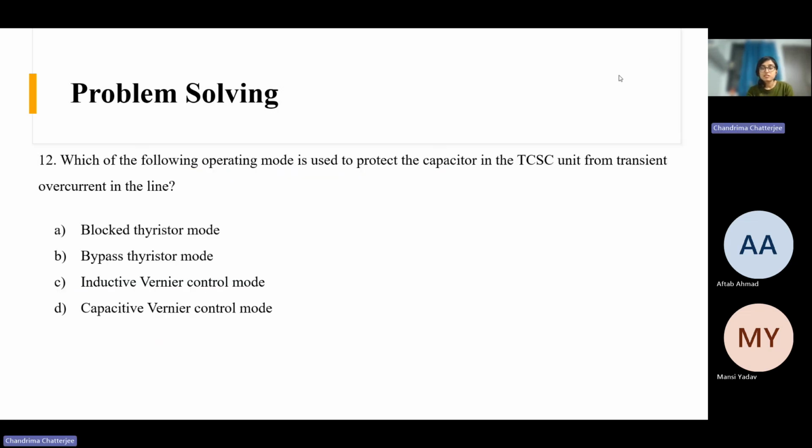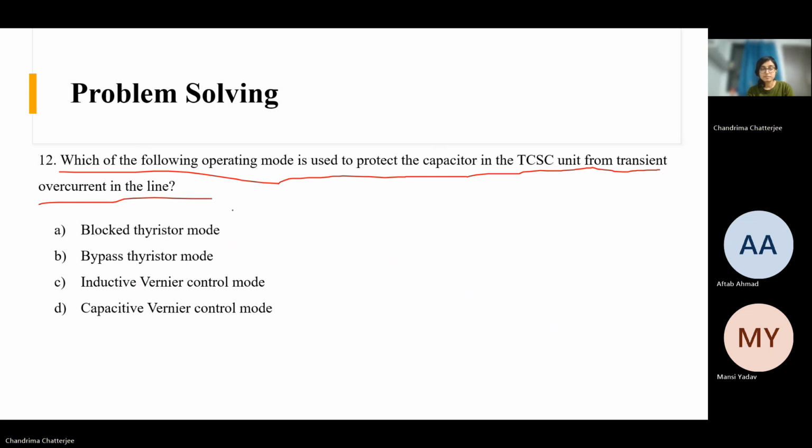Next question. Which of the following operating modes is used to protect the capacitor in the TCSC unit from transient overcurrent in the line? So there are various operating modes for a TCSC unit.